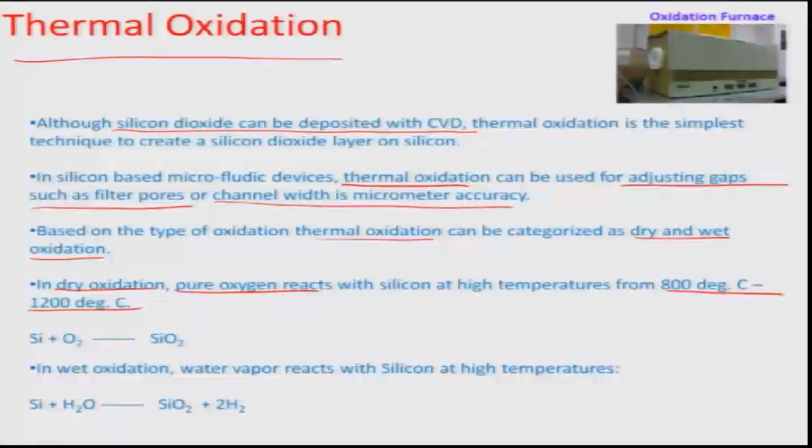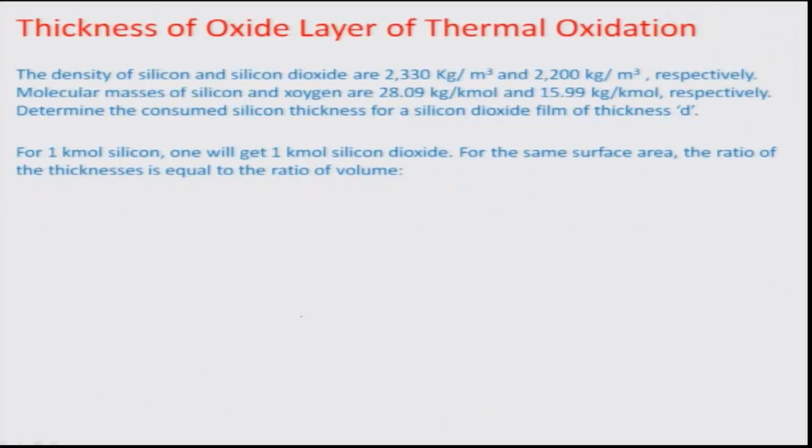The simple reaction in dry oxidation is basically Si plus O2 gives SiO2. In the wet oxidation case, it generates water vapor along with the oxygen, and the SiO2 gets created and hydrogen gets formed because of this. So the wet oxidation is much faster than the dry oxidation process in terms of the formation of the silicon oxide layer.